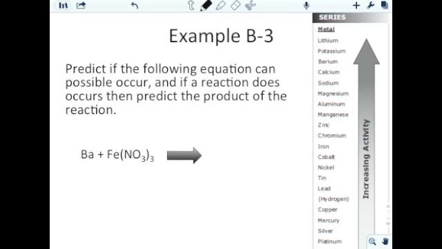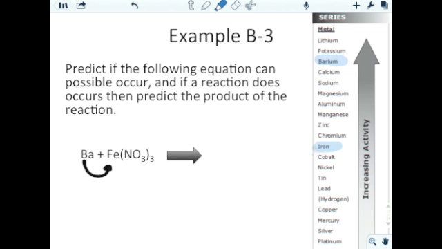Looking at this one, predict if the following equation can possibly occur, and if the reaction does occur, predict the product. So we have barium trying to replace iron. We'll find barium. Barium is way up here. Can it replace iron? Iron is going to be right there, below it.